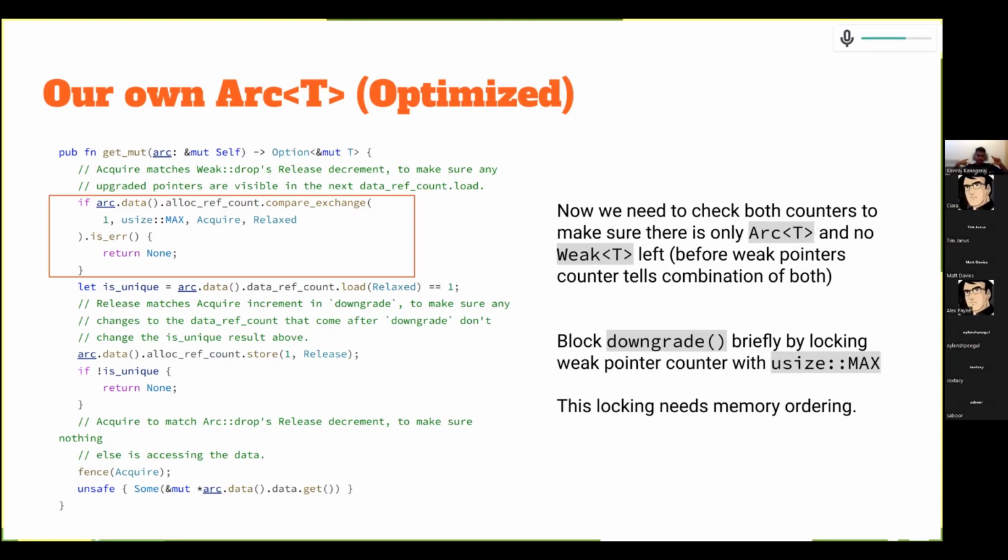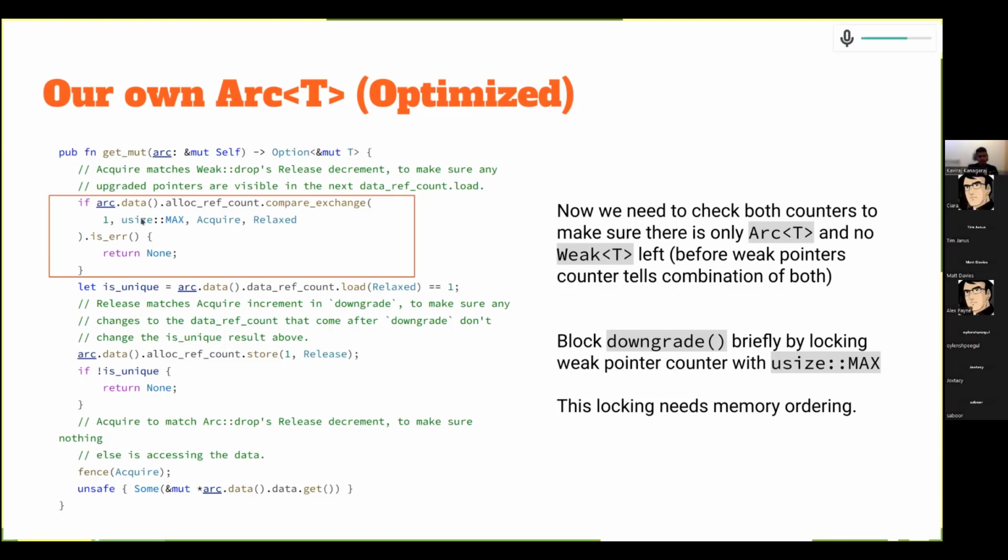Since we have two counters, we cannot check them separately because there is an inherent race between checking the two. So we lock this one counter, the alloc ref count, so that the downgrade function will not update it.